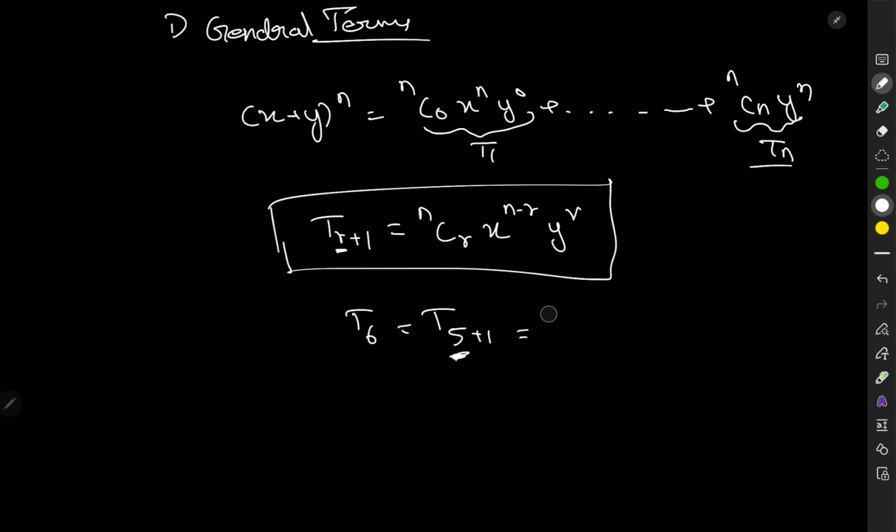Here r is 5, so I'll write 5C5, which is 1, and we will get some value here. So don't confuse. We need to take r plus 1, and in that only r should come, fine?